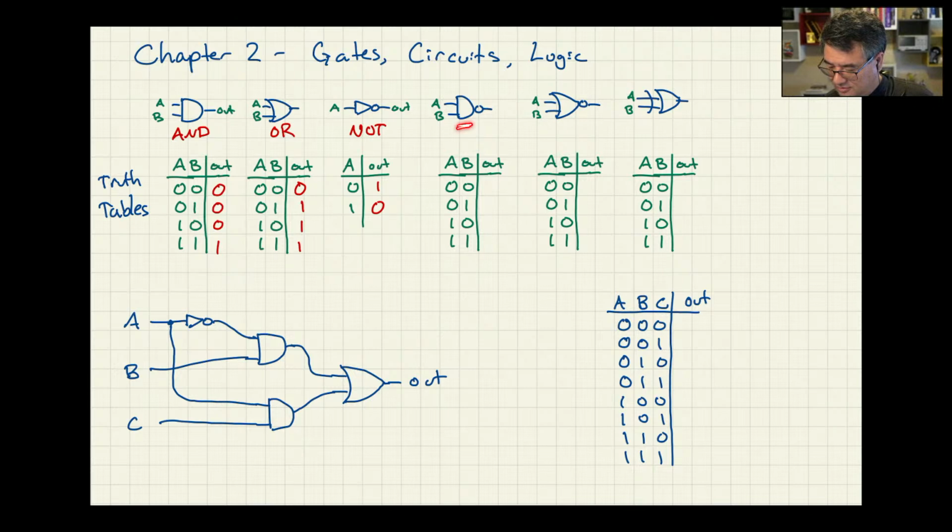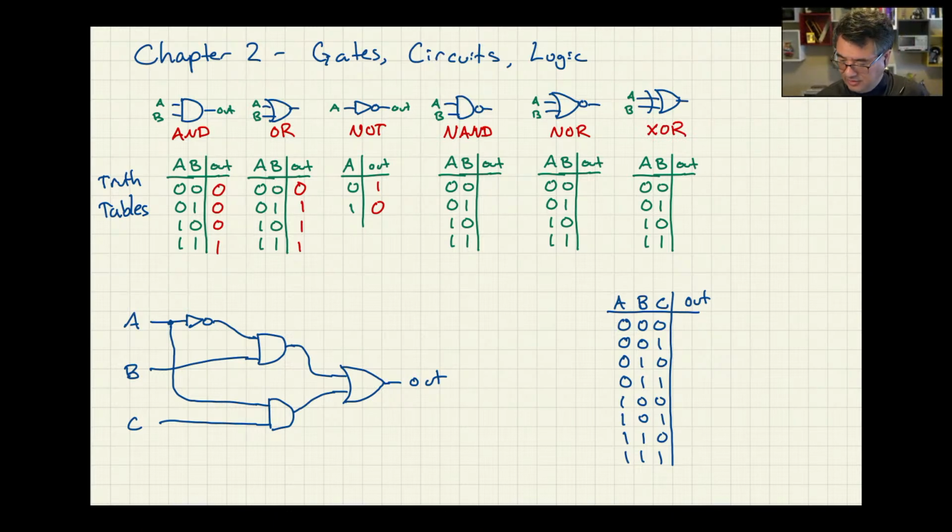This one here looks like the AND, but it's got this extra little bubble on the end. And this one here looks like the OR, but it's got this extra bubble on the end. Oh, you got it there. So this next one here is NAND. The one after that is NOR, and this last one is exclusive OR.